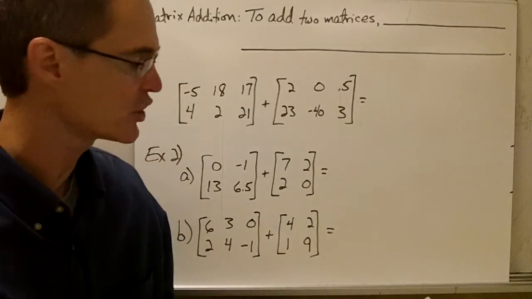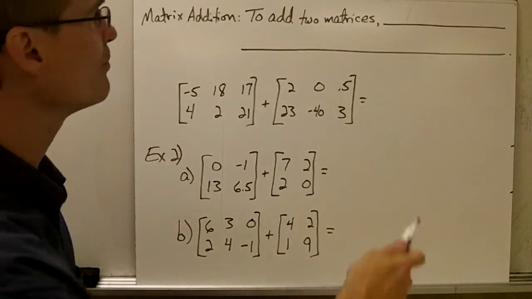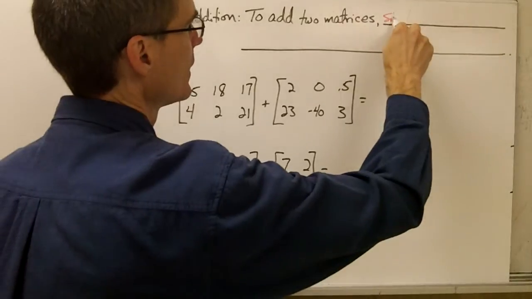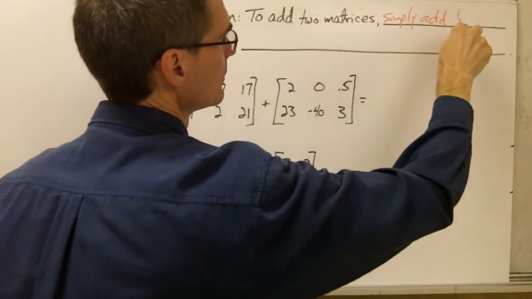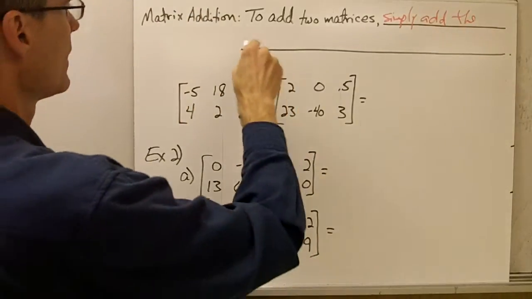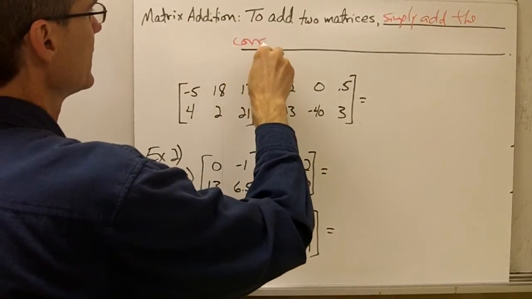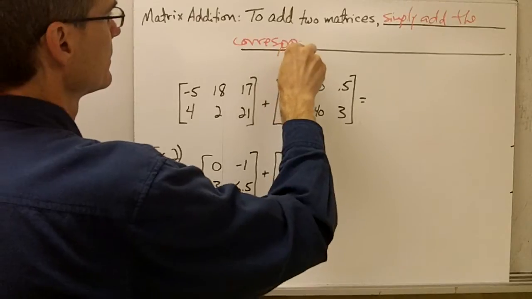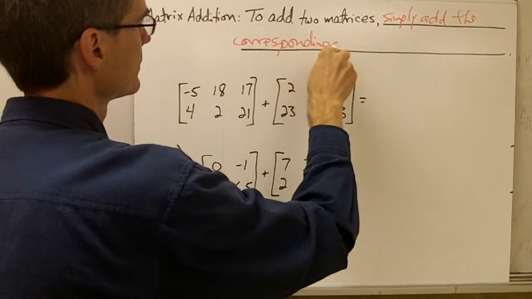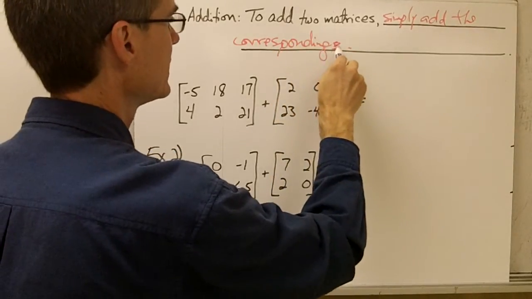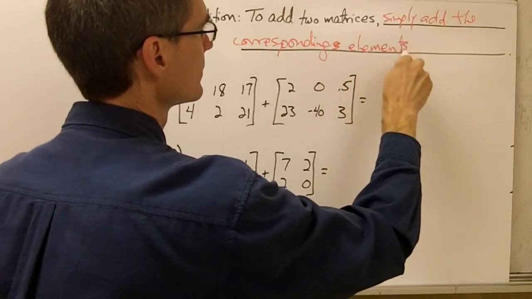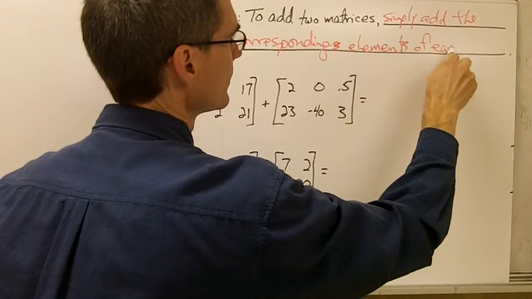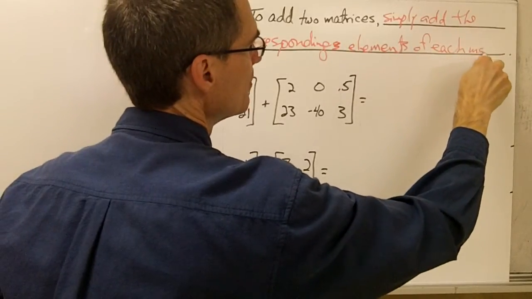Okay, matrix addition. To add 2 matrices, you simply add the corresponding elements of each matrix.